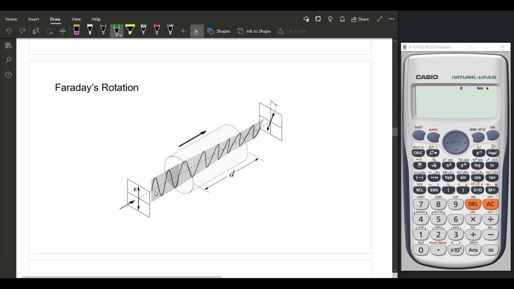So, for example, if tinransmit mo yung signal mo na vertically polarized siya, then pagdating sa receiver, medyo nakaslant siya ng konti dun sa receiver. So meaning, it is affected by the so-called Faraday's rotation. Okay? So, ang nangyayari kasi pag yung wave na tinatransmit natin or nagpo-propagate sa space, habang nagka-travel siya, nagkakaroon siya ng slight rotation.